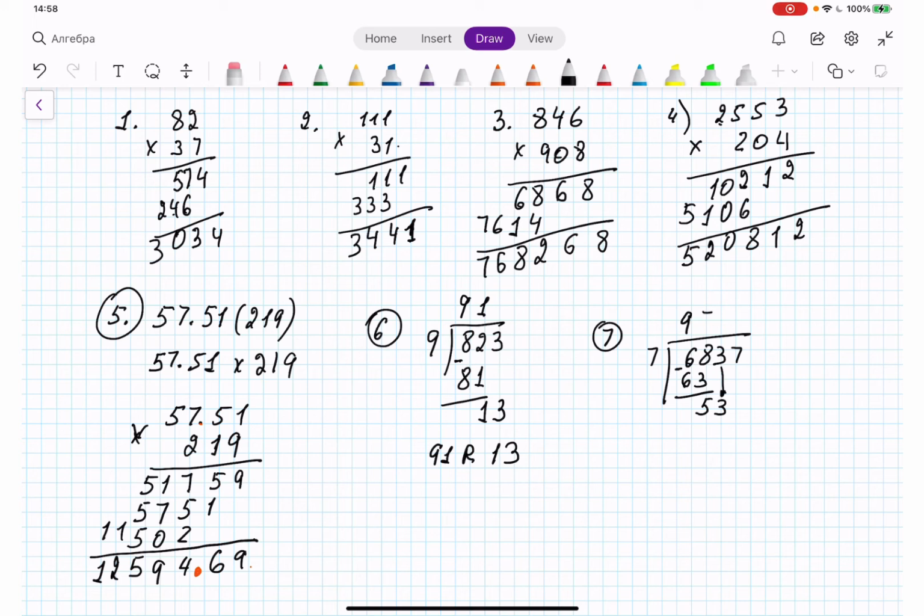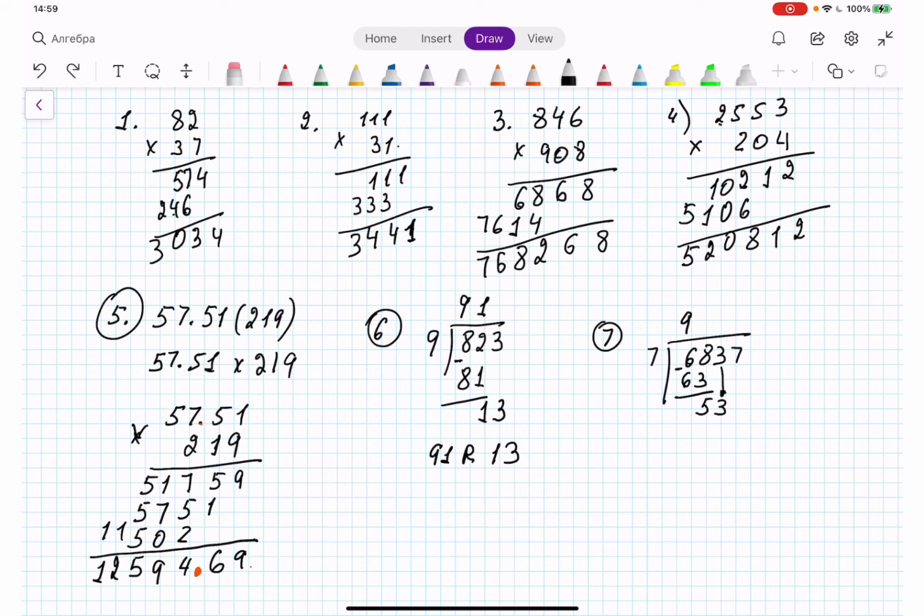It's going to be 7 times. 7 times 7, 49. Okay, let's say instead of 7 times, I'm taking 6 times. 6 times 7 is 42. How much am I getting as remainder? 11. You can see this 11 is greater than 7. That means I can take more than 6. And I'm taking 7 times, okay? That's how you know. Your remainder is always going to be less than this number.